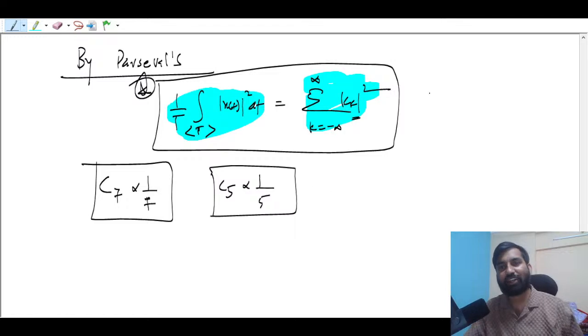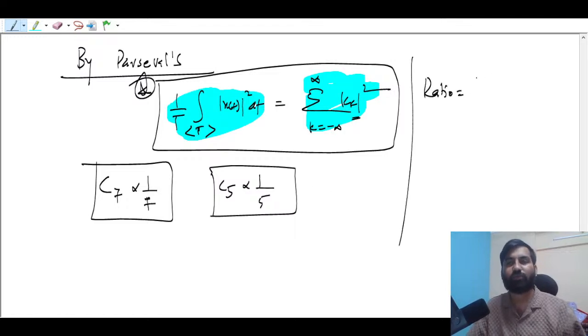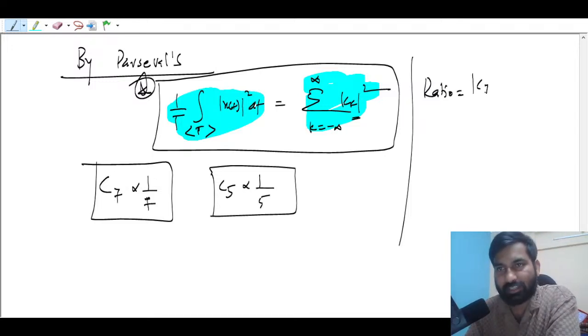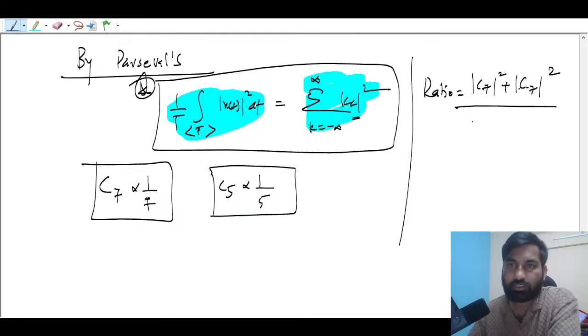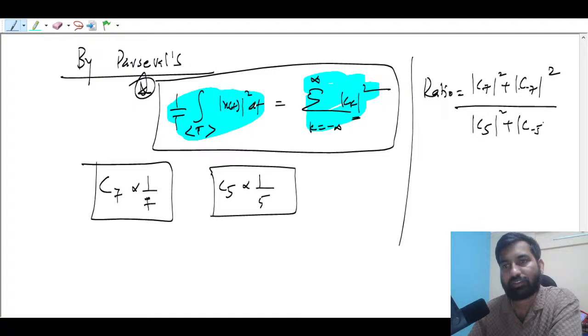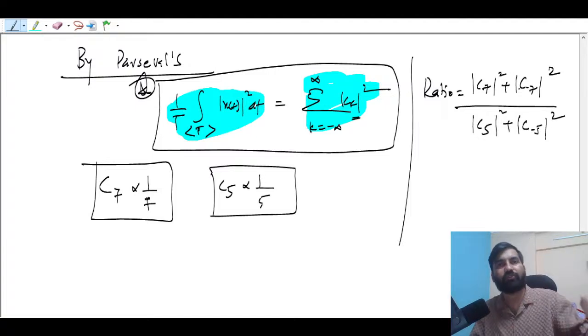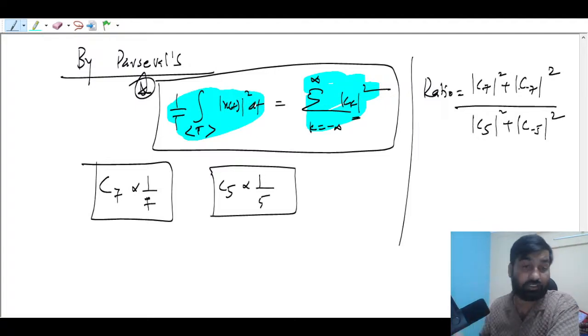So the power ratio is going to be what? You need to take c7 square plus c minus 7 square upon c5 square plus c minus 5 square. Okay, other harmonics we don't have to consider, they have just asked.